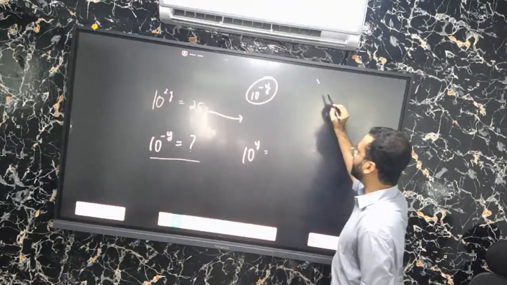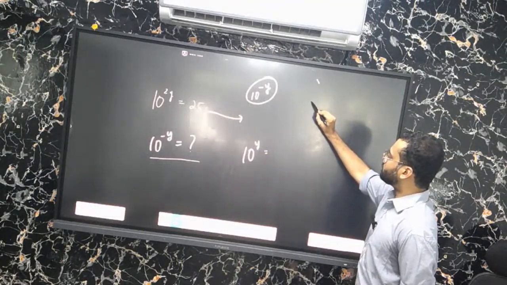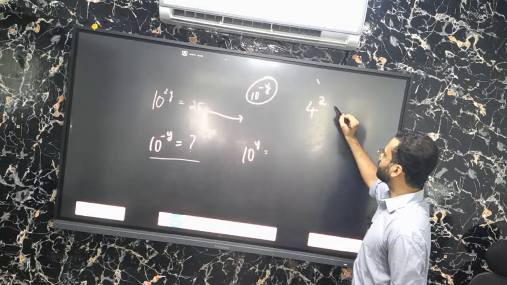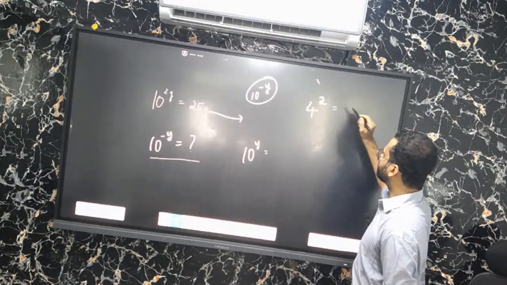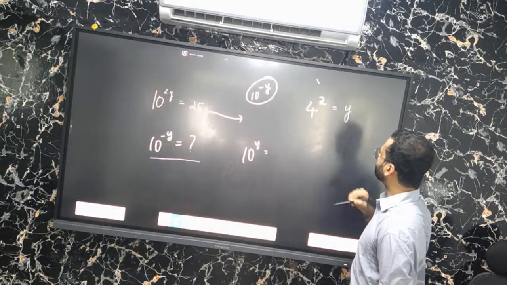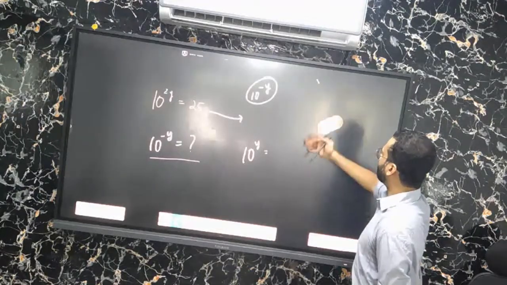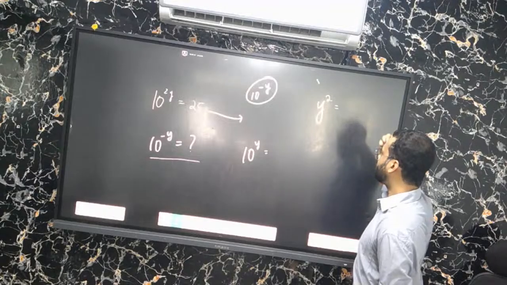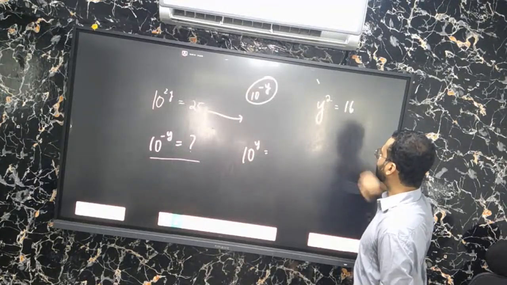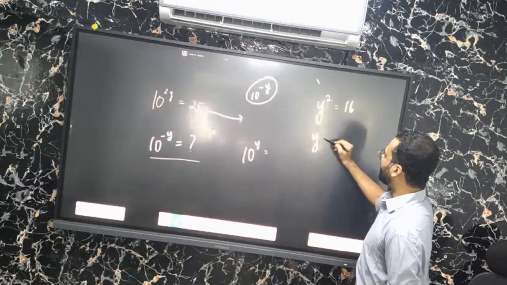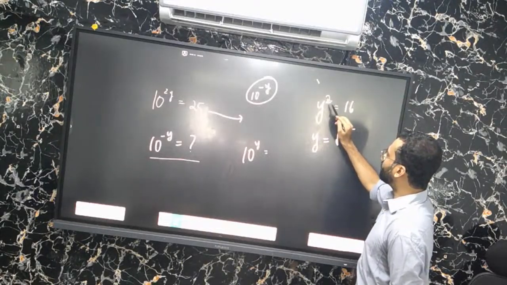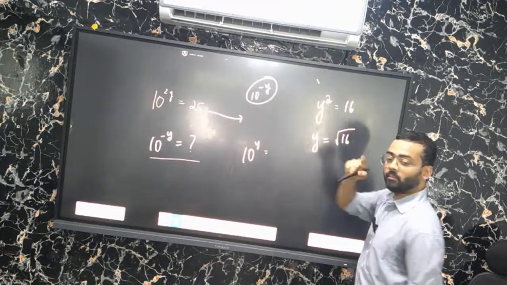For example, if I have y square equal to 16, I can write y equal to root of 16. What is happening to the power of 2 over here? This power 2 is going to the other side and becoming a root.